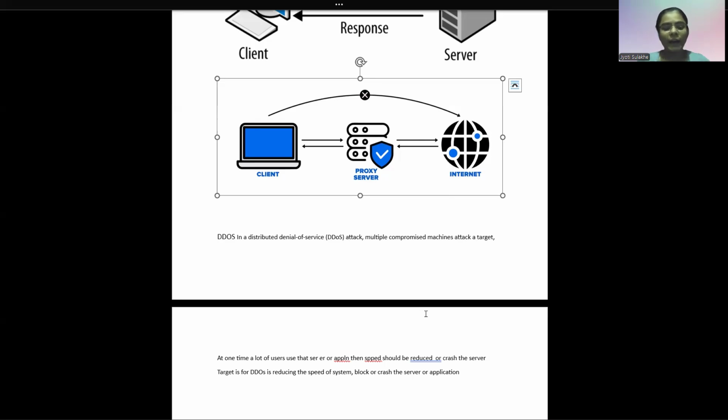At one time, a lot of machines or users attack one particular application, so the application or server speed is reduced. The main agenda of DDoS is to reduce the speed of that application or crash or block that server.